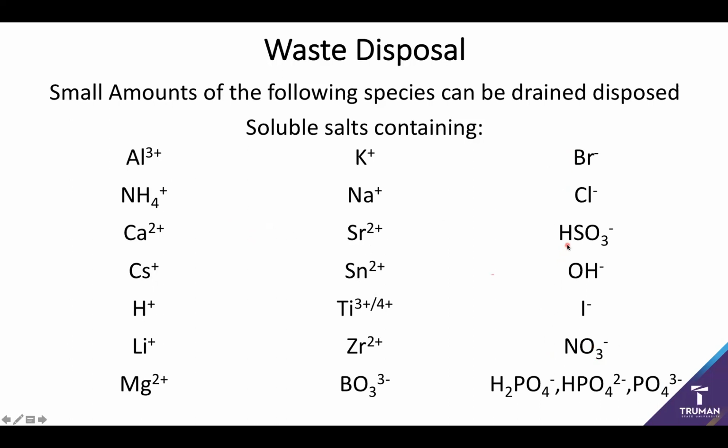We also have things like sulfuric and phosphoric acids, acid conjugates, but again, watch out that you're maintaining low concentrations. Even if you keep the total amount going down the drain pretty low, make sure to rinse with lots of water to dilute out the system. But one of the big things I want to emphasize is that even though these ions are permissible, it's always in small amounts.